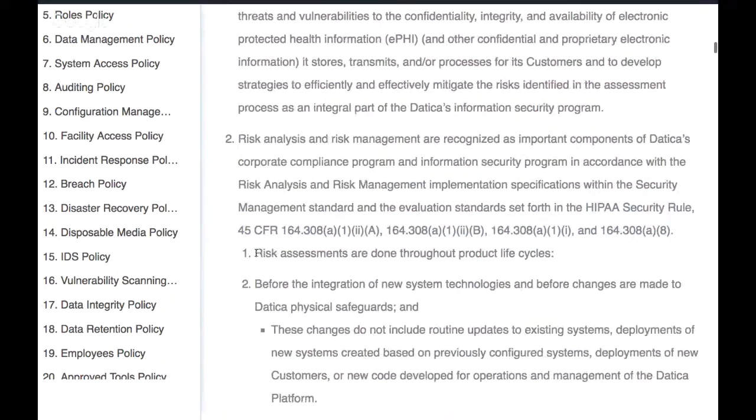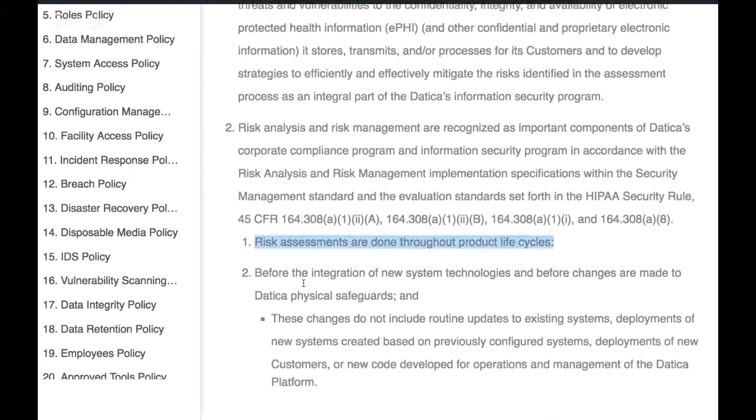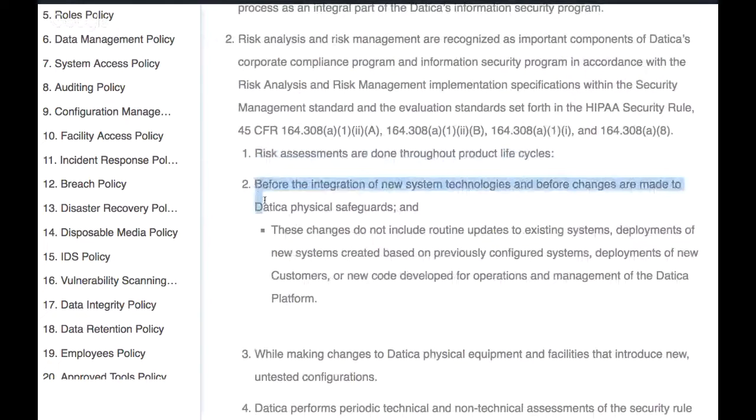Risk assessments are done throughout product life cycles, before the integration of new system technologies and before changes are made to Datica physical safeguards.